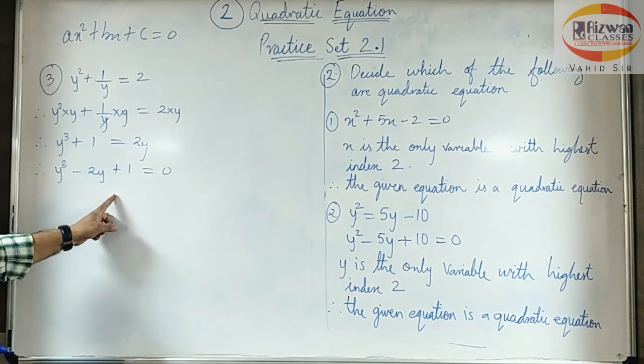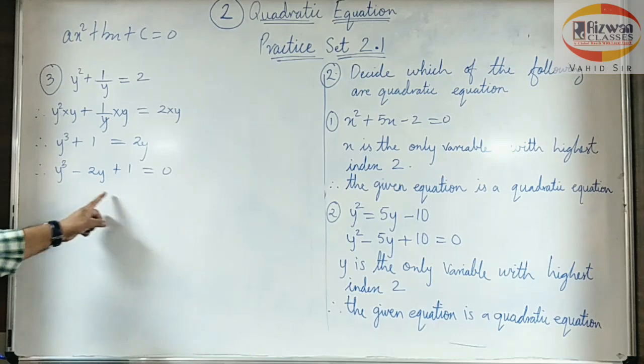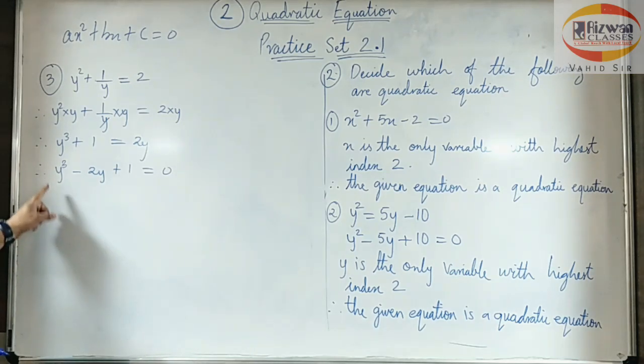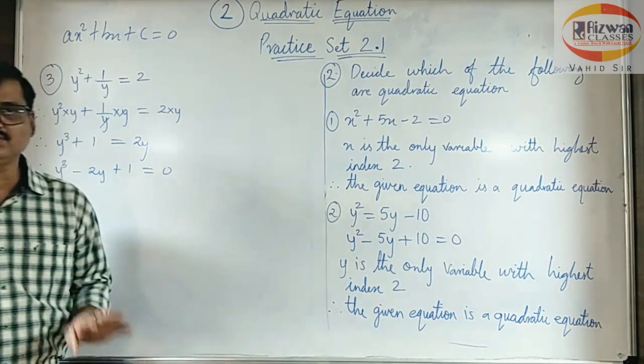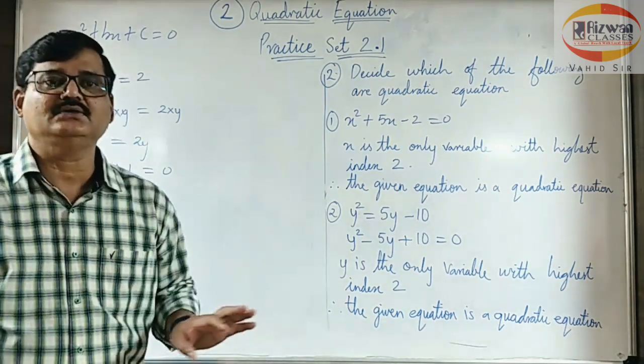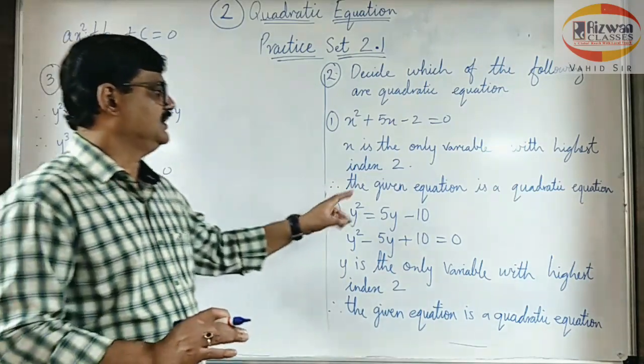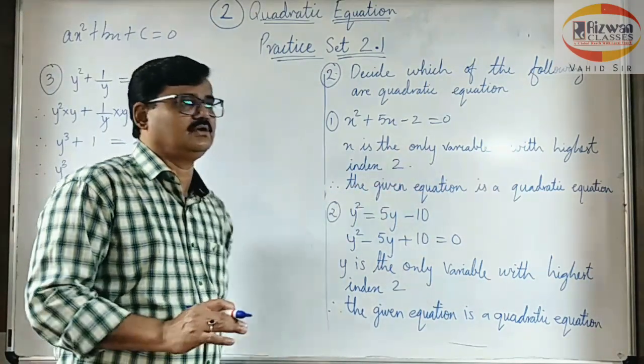Here y is the only variable, but what about the highest index? The highest index is 3, it is not 2. So it is not a quadratic equation. The given equation is not a quadratic equation.